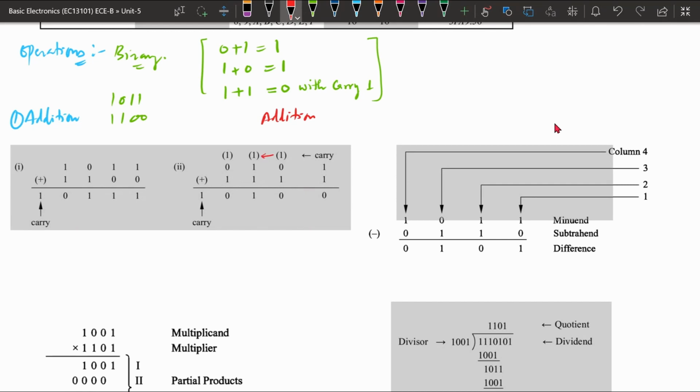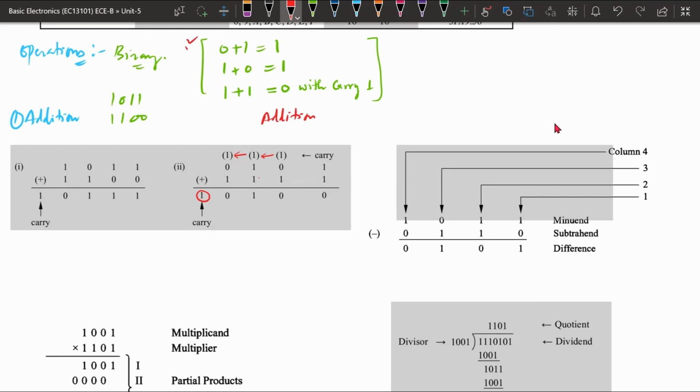Here again 1 plus 1 is added, resulting in 0, and 0 plus 1 again results in 1. With 1 plus 1 added, a carry will be forwarded here. Once the carry is forwarded, 1 plus 0 is 1, and again 1 plus 1 will be 0, and a carry will be forwarded. So this is how a binary addition is performed.